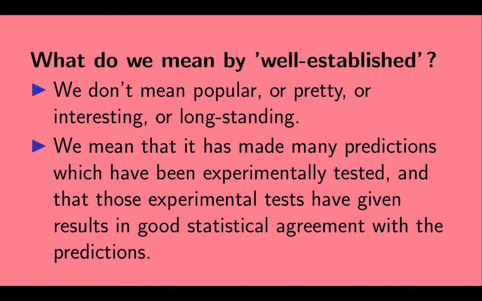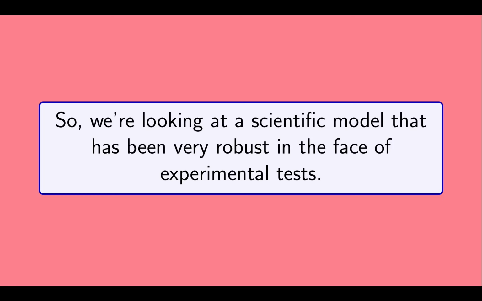We mean that it has made many predictions which have been experimentally tested, and that those experimental tests have given results in good statistical agreement with the predictions. So, we're looking at a scientific model that has been very robust in the face of experimental tests.